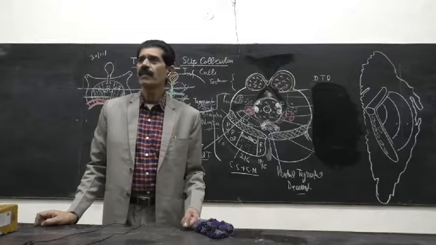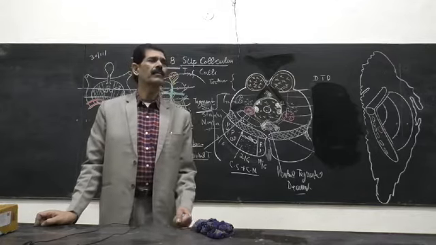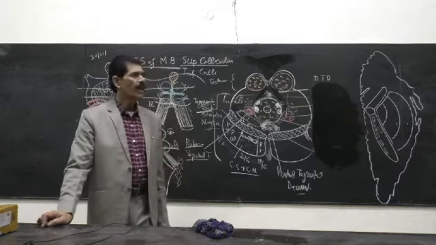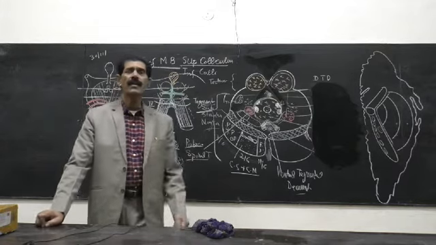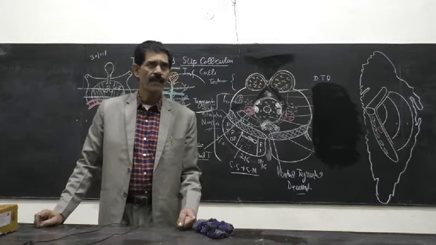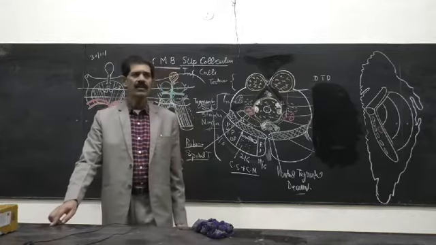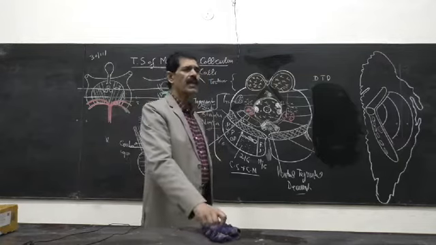The sympathetic fibers supply the radial muscles of the iris, so they cause dilatation. But remember, underline it, the parasympathetic does the constriction of the pupil. That is also called the sphincter pupillae, and the sympathetic fibers do the dilatation of the pupil.